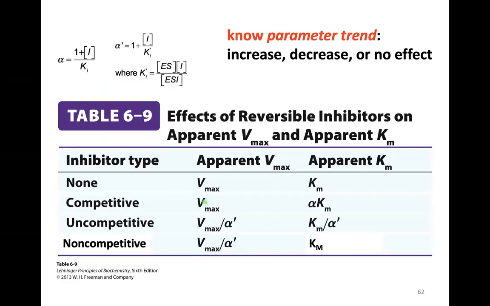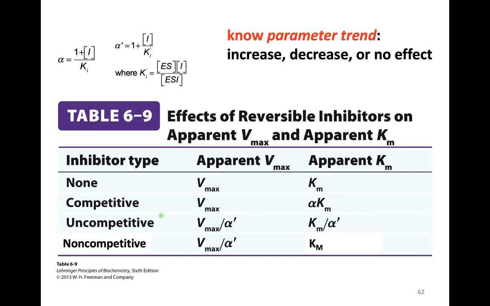As we will be looking at the Lineweaver-Burk plots, you should know what is happening to the Michaelis constant as well as Vmax. Does it stay the same under these conditions? Is one changing, or is one decreasing? You should know the trend of these parameters.